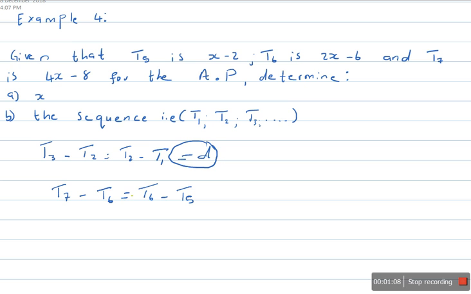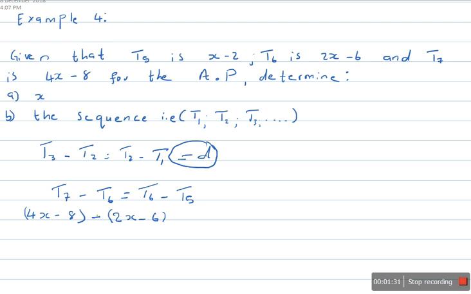Why? Because zonke lezi zilingana ne-common difference, right? So ivelu ka-T7 ke lana sinikeziwe kwathiwa it's 4x minus 8. This is u-T7 minus u-T6, nakhona simnikeziwe kwathiwa it's 2x minus 6.